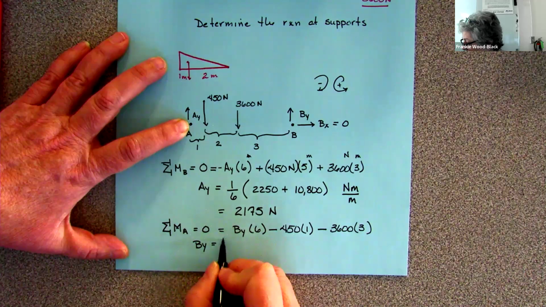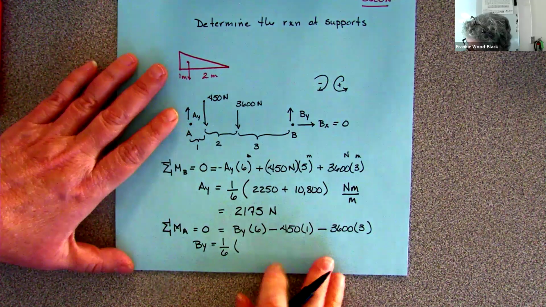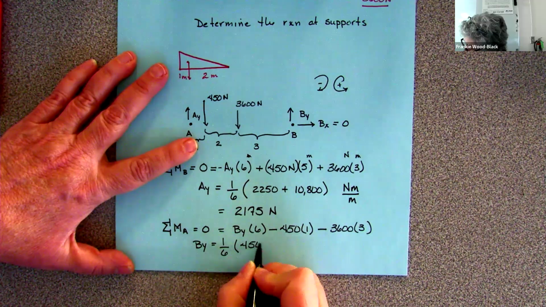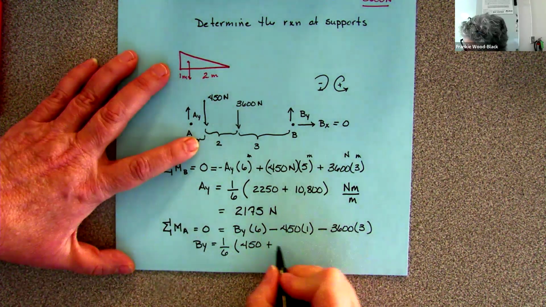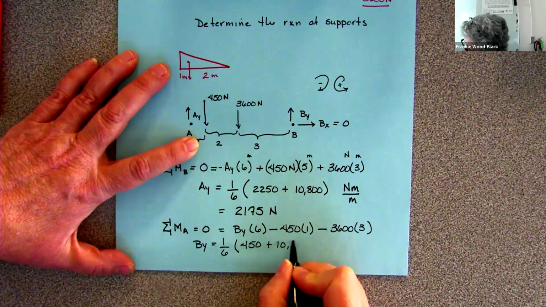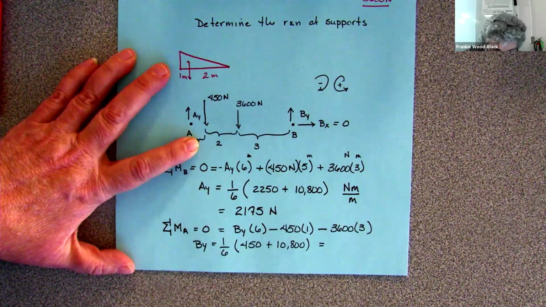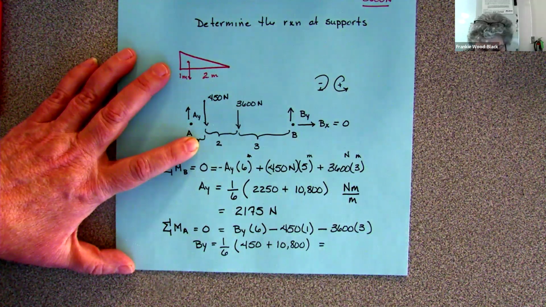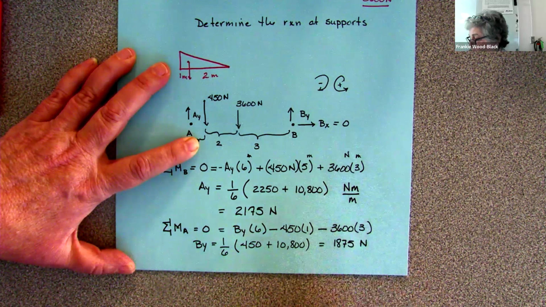BY is going to equal 1/6 of 450 plus 10,800. I should have known it from the last one. Oh well. 11,250 divided by 6, I get 1875 newtons.